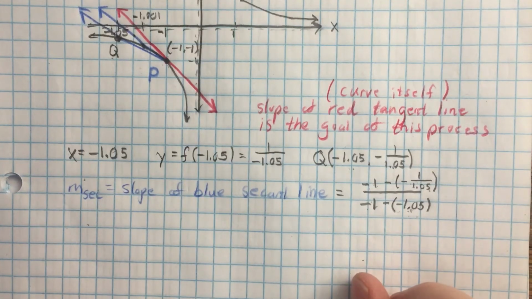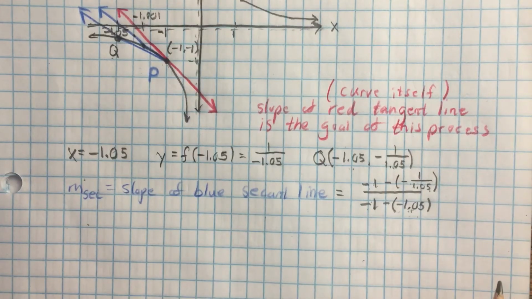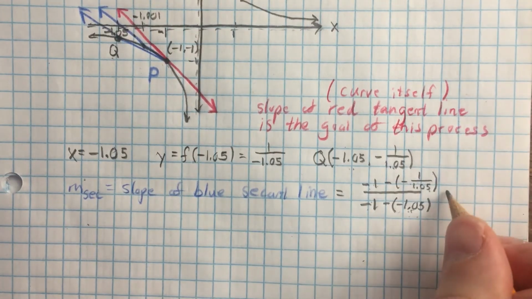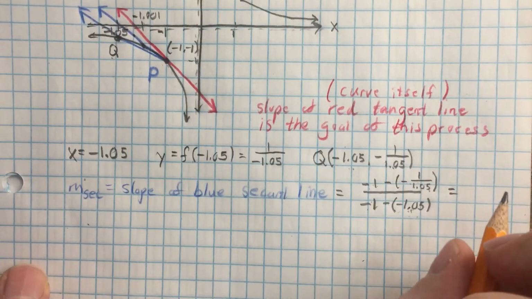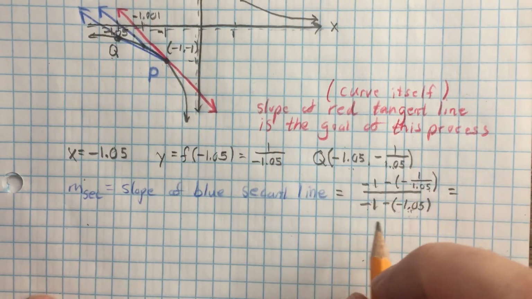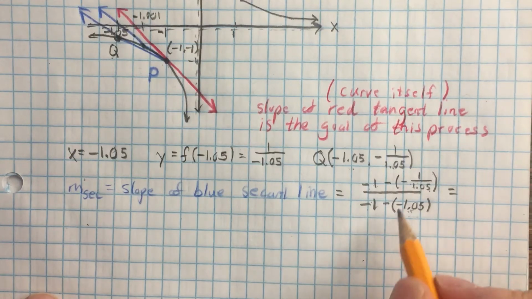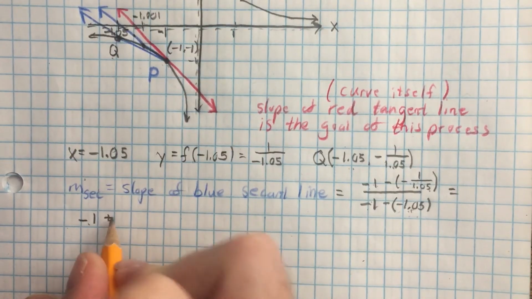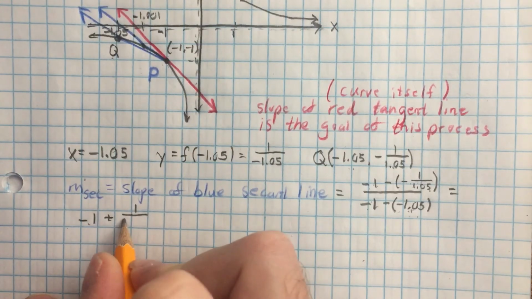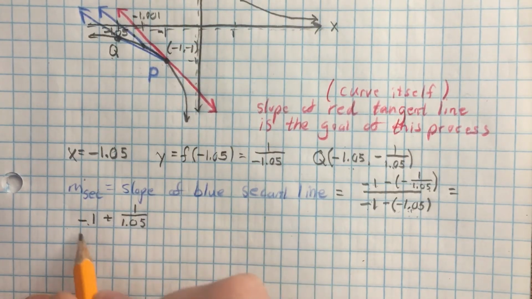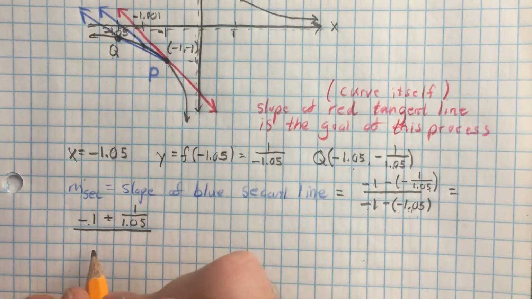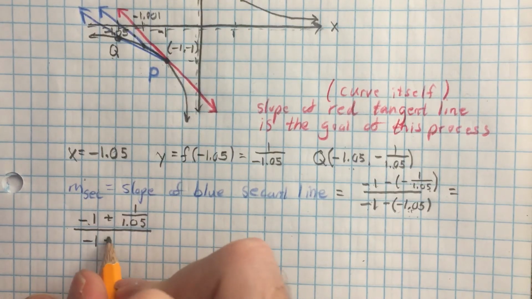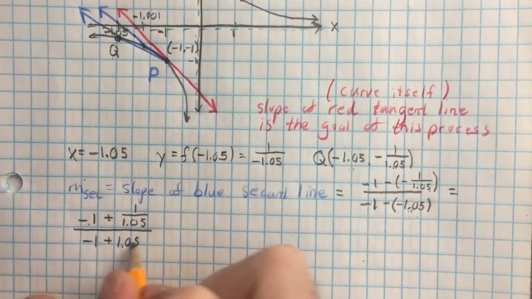So now we just do the calculation. All right, I'll just do it. So equals. It looks like if I were to rewrite this, maybe something like this, plus 1 over 1.05. And the bottom, I'll have negative 1 plus 1.05.